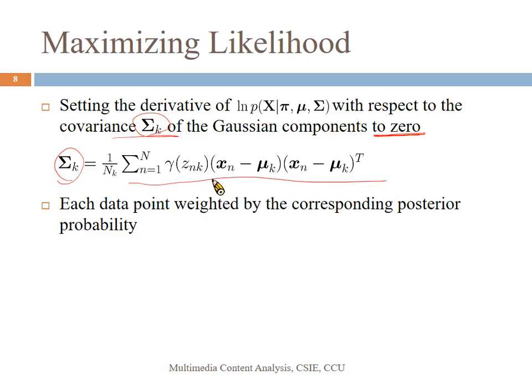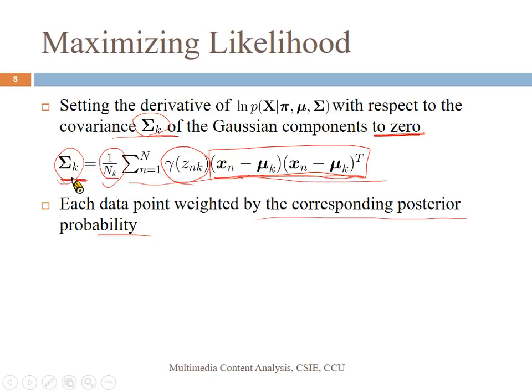We can see that this part is actually the covariance, and this part is the posterior probability. So again, each data point's covariance is weighted by the corresponding posterior probability, and we sum them together and then take the average, and we get the covariance value.